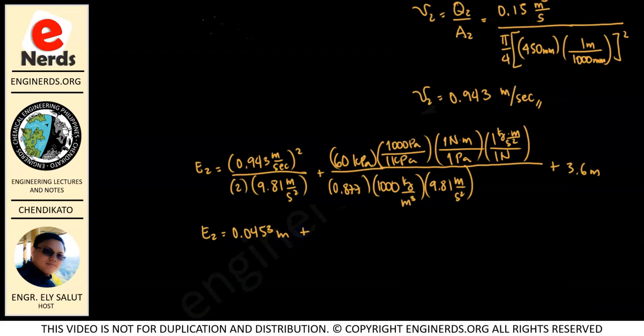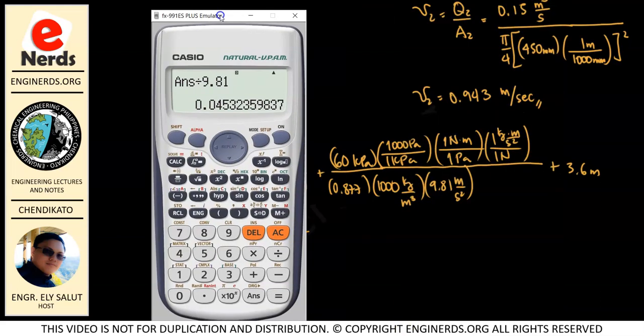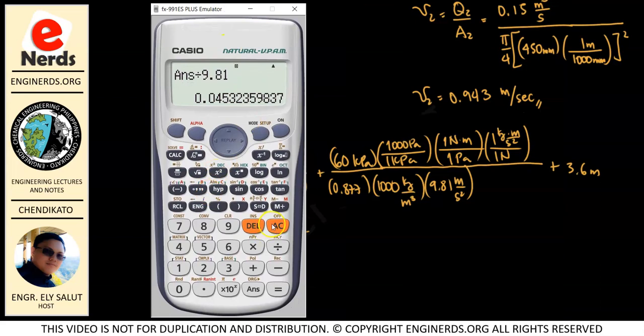Plus, now we will calculate for this part ng ating equation. So we have 60 times 1000, so that's our numerator, no? Divided by 0.877 times 1000, then times 9.81.